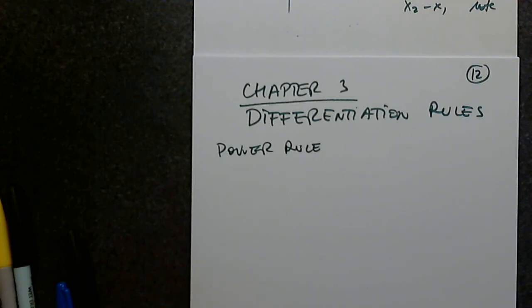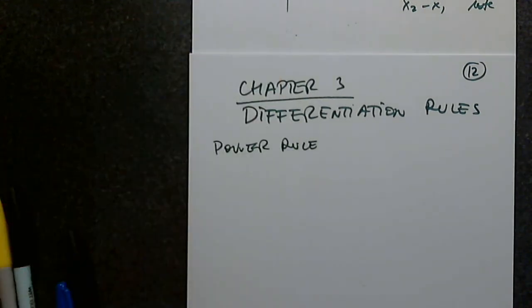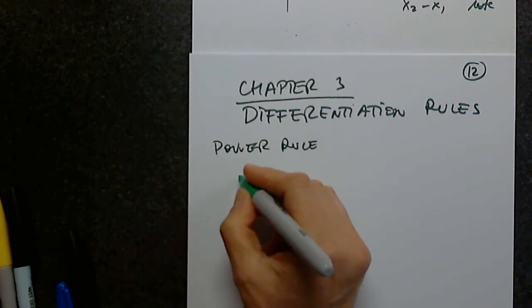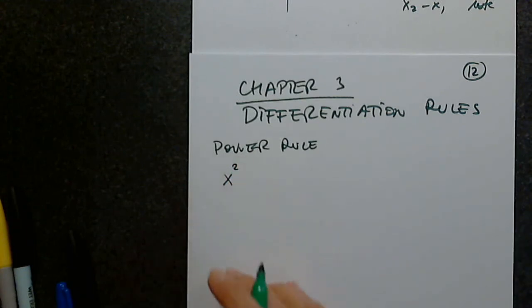Yes, we can determine many of those derivatives using the definition. However, we do have shortcuts. And you can say, why didn't you show us the shortcut from the beginning? It's because you would not have appreciated it. So here's the rule. Let's try just x squared for a moment.